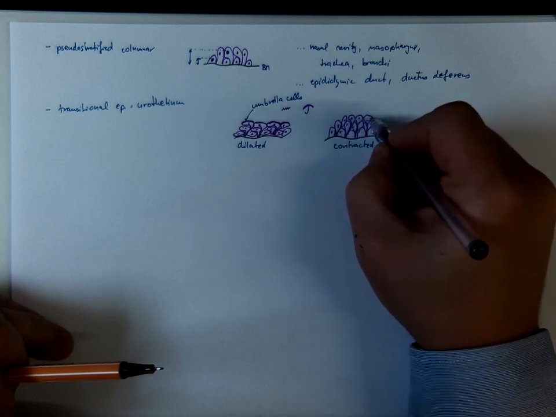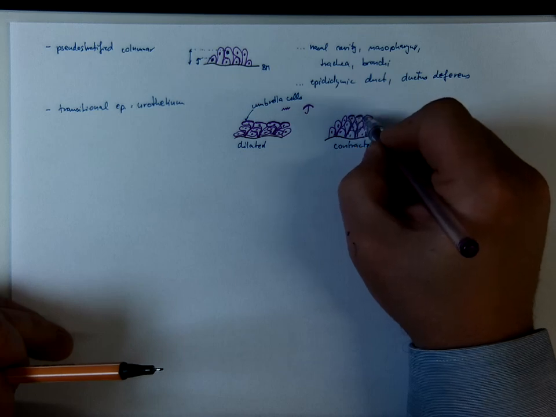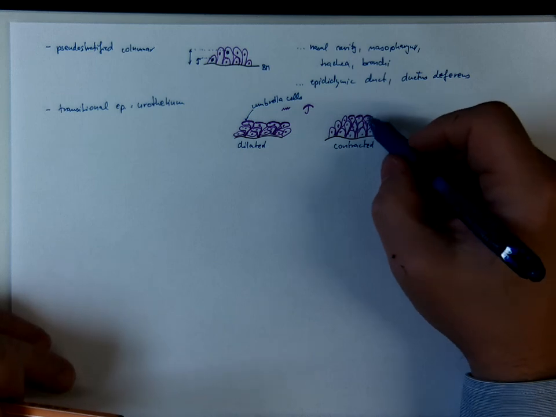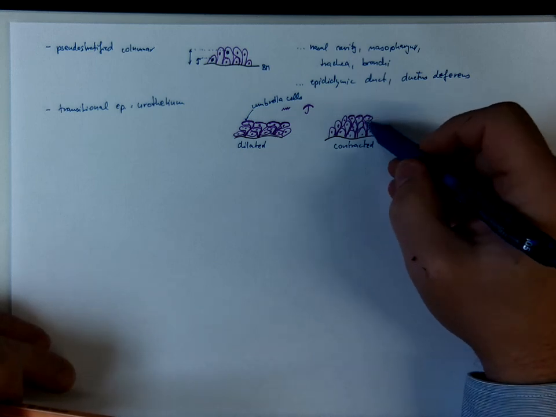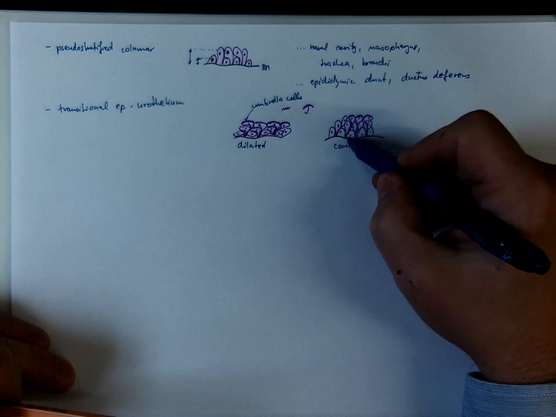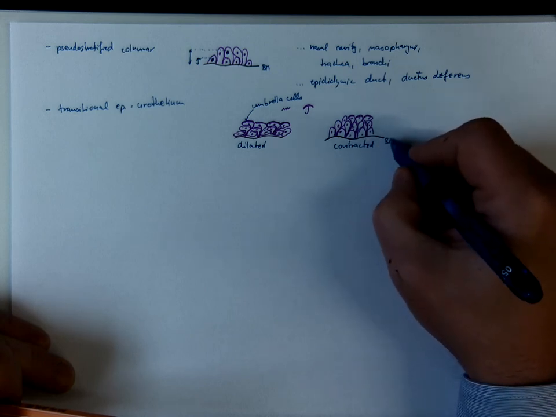And it's the same epithelium. What makes this even more complicated is the fact that the oldest generations of umbrella cells are gradually losing their feet, so they are losing the contact with the basal membrane.